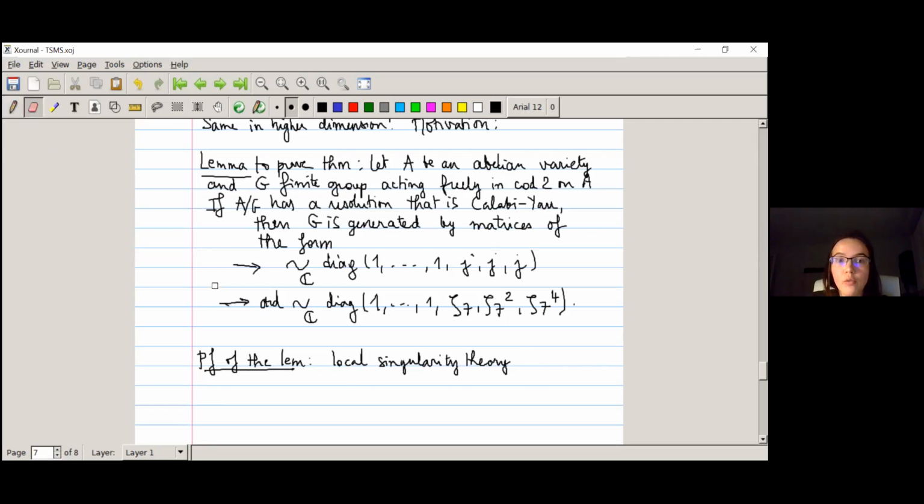And so if my group is non-trivial, which we suppose it is, then it has at least one element with some J's or one element with some ζ7. So what we want to prove as the corollary is A isogenous to something times EJ three times, or A isogenous to something times Eζ7 three times.